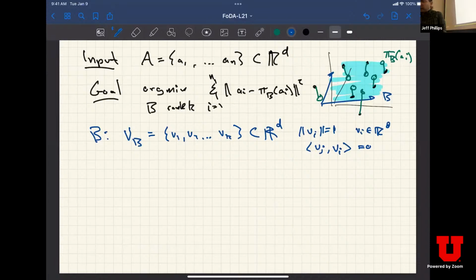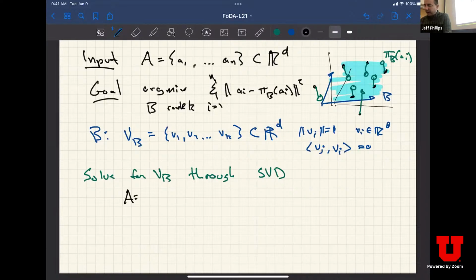Okay, so how did we solve this problem? We solved for V_B through the SVD, the singular value decomposition. What we did is we wrote A as a product of three matrices, U, S, and V transpose.